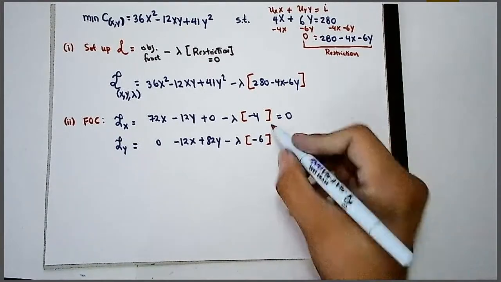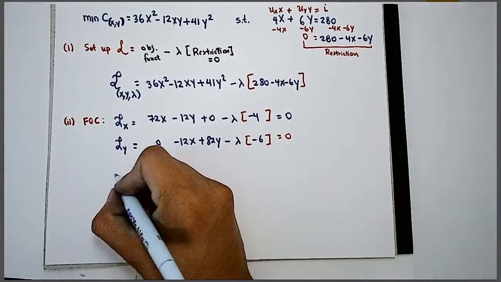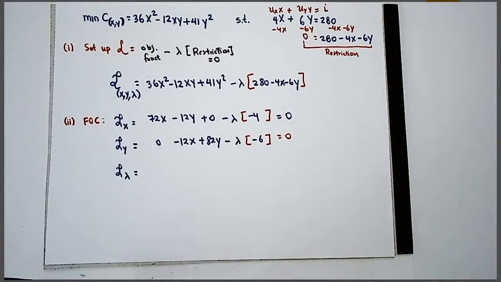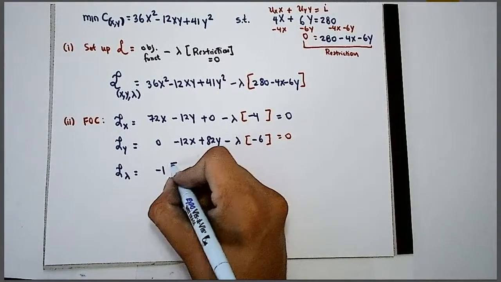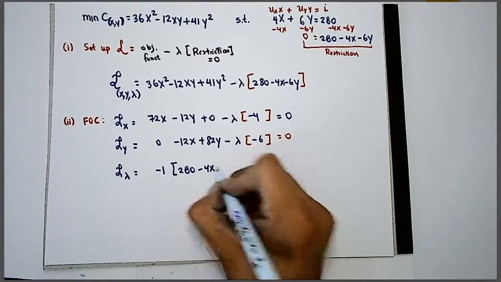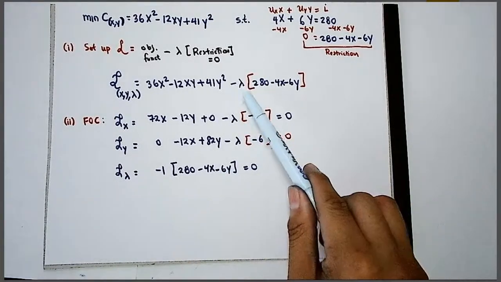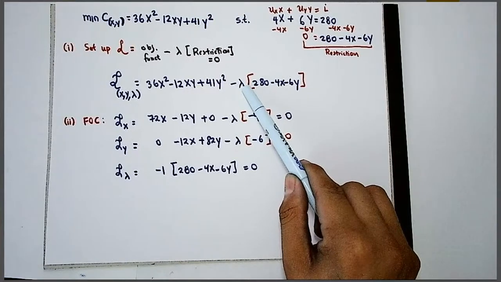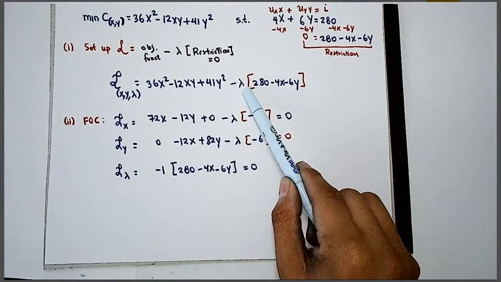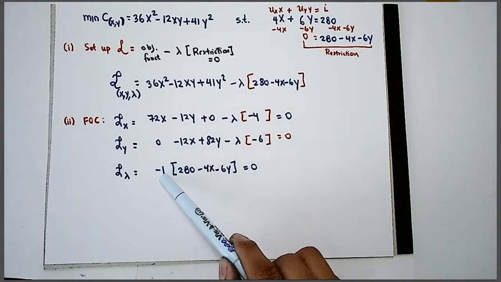And we set this equal to 0. And finally we have the Lagrange with respect to lambda. So this is minus 1 times 280 minus 4x minus 6y. And this is because the derivative of the Lagrange function with respect to lambda only appears here, so the derivative of lambda with respect to lambda is 1.